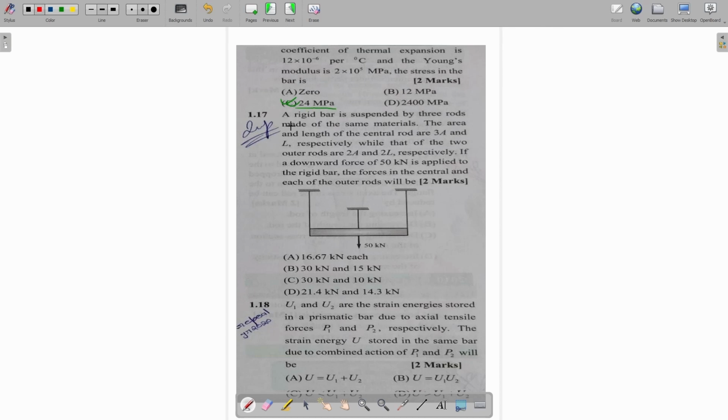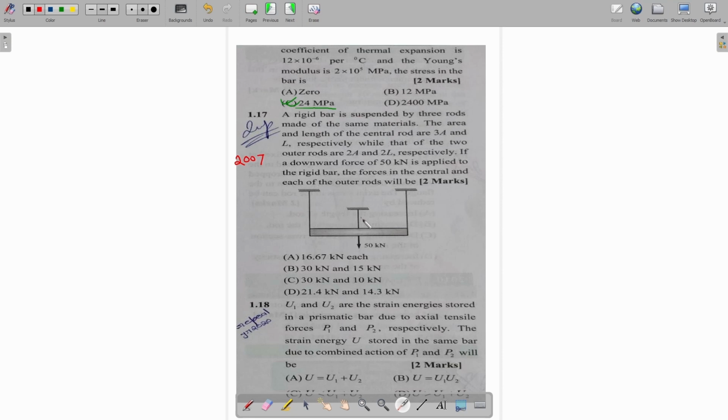Now for question number 17. Question number 17 came in the year 2007. The question is: a rigid bar is suspended by 3 rods made of the same material.